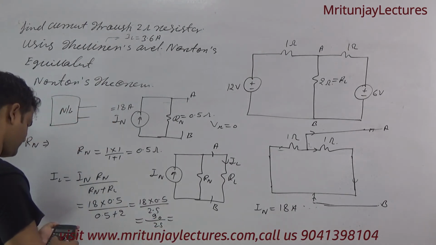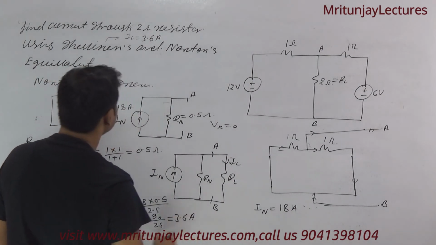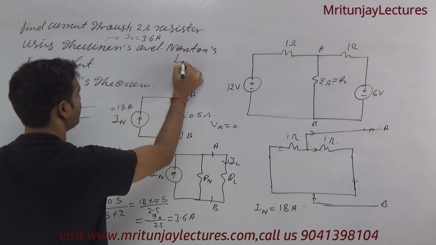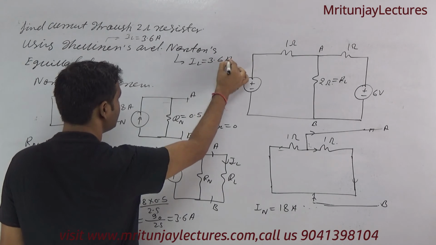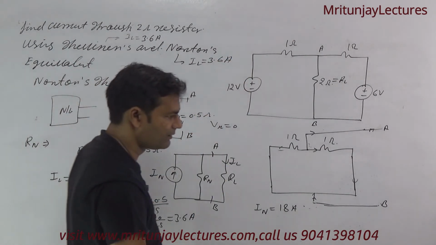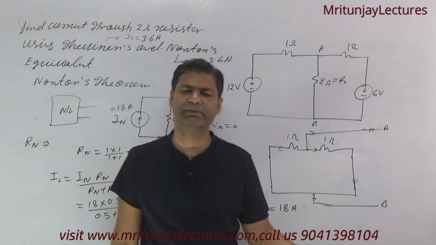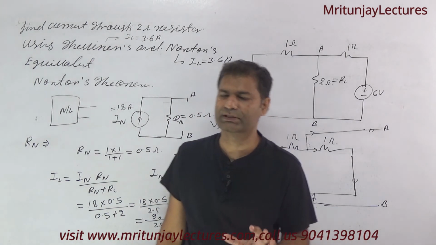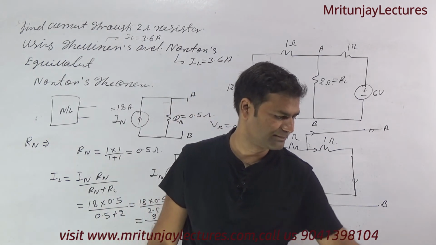Same result. 90 divided by 25, we get 3.6 ampere. Clear or not? So if we apply the Norton equivalent, we get the same current. I always say, whatever the method, if your method is right, then we get the same result.